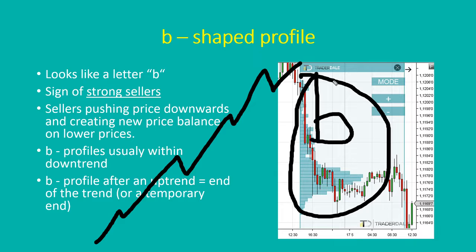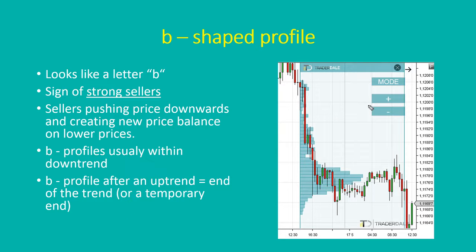A B-shaped profile, which is a sign of strong sellers who go against the buyers who are pushing the price upwards. So those sellers prevent those buyers from pushing the price even higher, and if those sellers are strong enough, they start a new trend. If not, then there's likely to be a rotation.